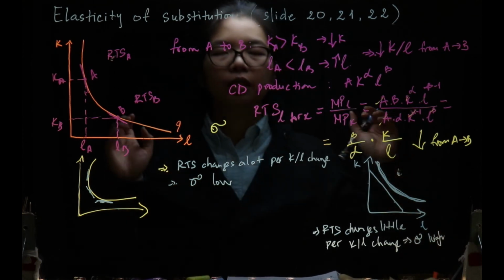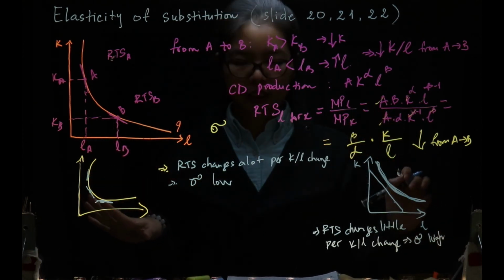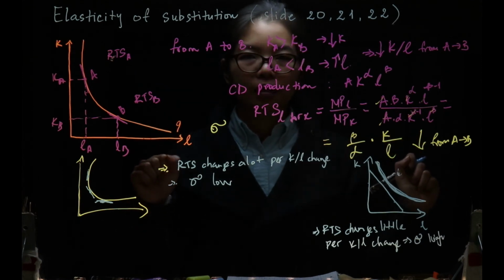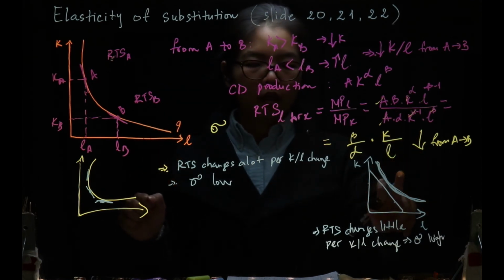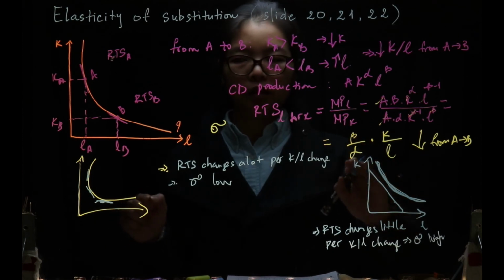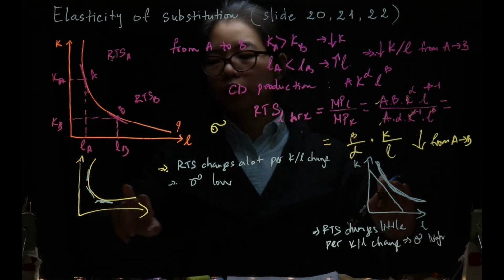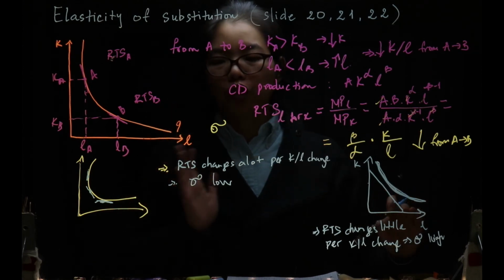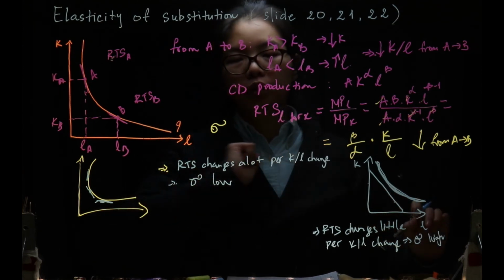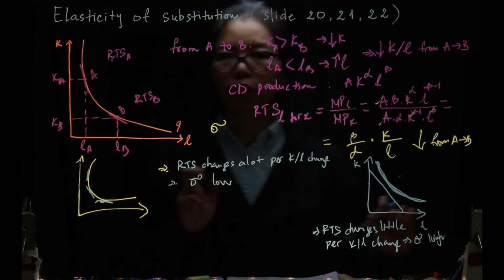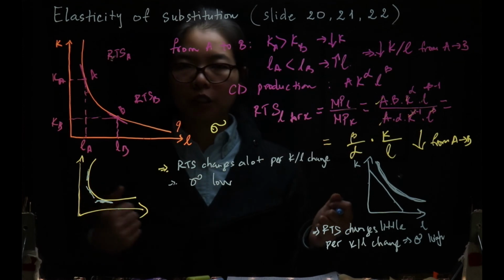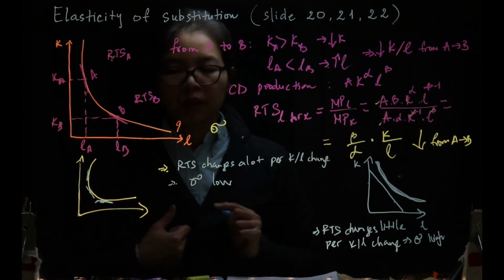So the key point to remember, the higher the sigma, the easier it is to substitute between the inputs. When it's so curved like this, the RTS will change rapidly when you change your input mix, and that implies a hard or difficult substitution among inputs.